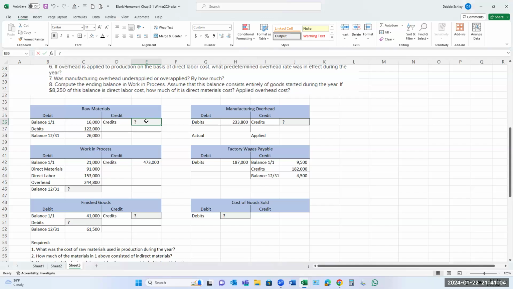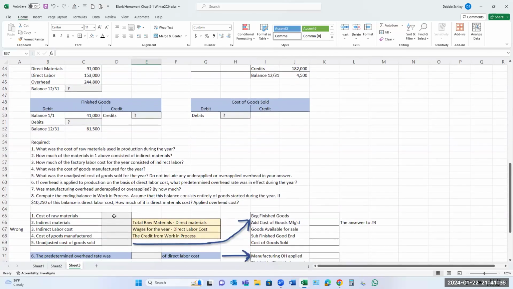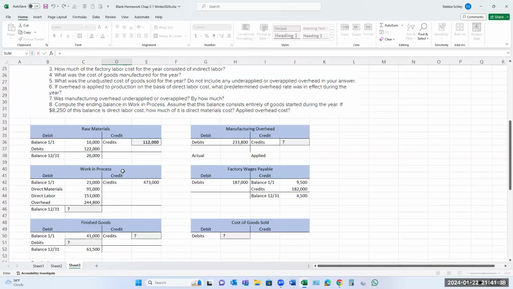And if we take it, the credit equals the beginning balance plus the purchases minus the ending balance. I hope this is sounding familiar. This was a formula in your book that tells us the credits for raw materials. So we took that formula from your book and we just used the information they gave us and worked backwards until we got the answer they were looking for. And so that cost of raw materials is required one.